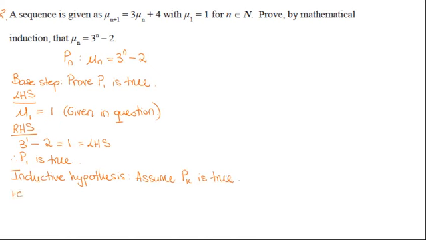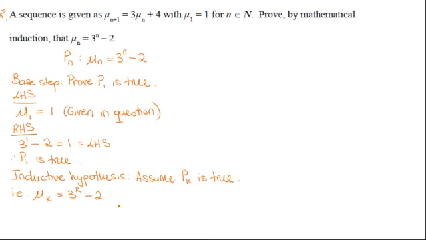So we're going to say that is, go back to your statement, change the n's to k's. So we're assuming that mu k is equal to 3 to the k minus 2. That is our assumption. And remember, in the third part now, we must be using our assumption. If we get to a point and we realize we're stuck, always check to see, did you use your assumption? Right? So that was step 2.